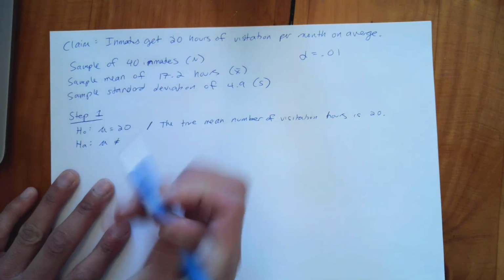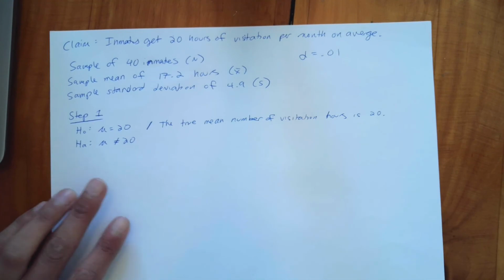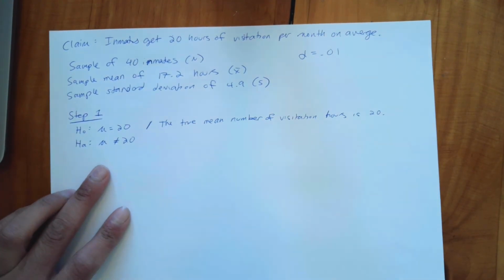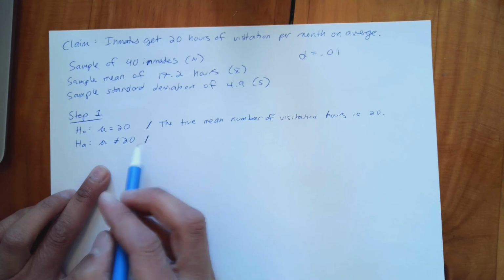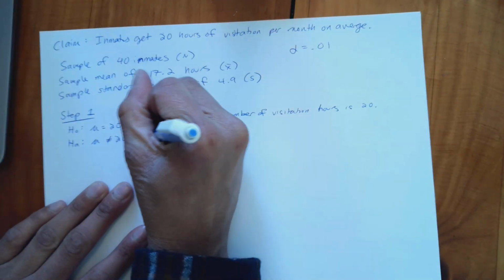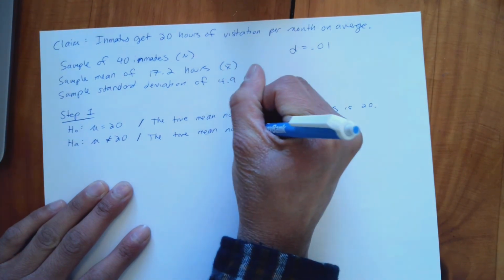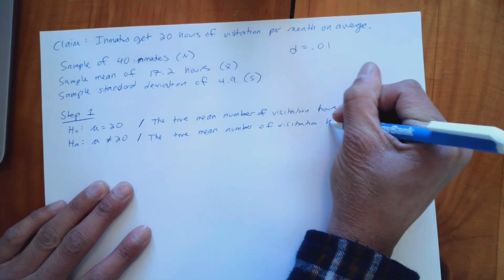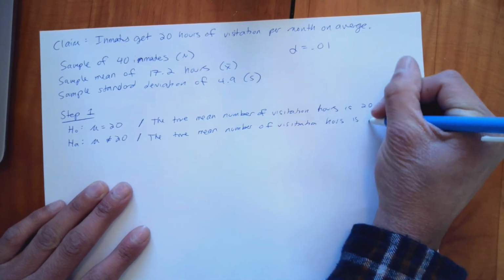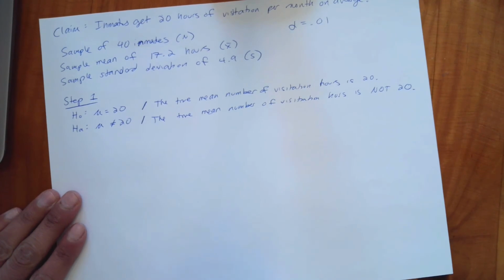And in this case, if it's not 20, well, it's not 20. So our alternative hypothesis is that the true population mean is not equal to 20. And we could also write that, this is not division, this is just a different way of doing it. We could also say the true mean number of visitation hours in the population is not 20. Okay, so that's step one.